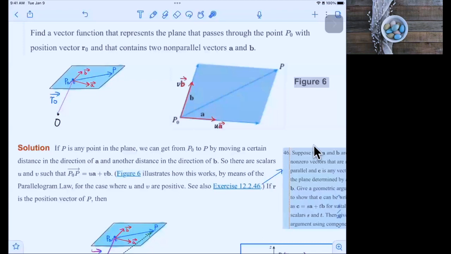So any vector on the plane can be represented as a combination of a scalar multiple times this vector A plus a scalar times this vector B. And for that, here they choose the U and V. So U here is a scalar. All right, so over here, we represent this P naught P as U times A plus V times B.